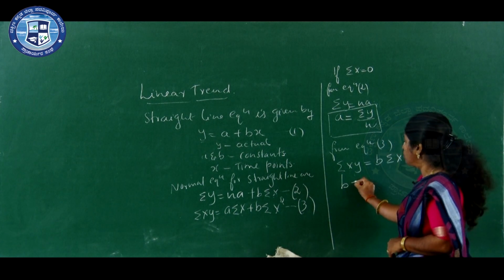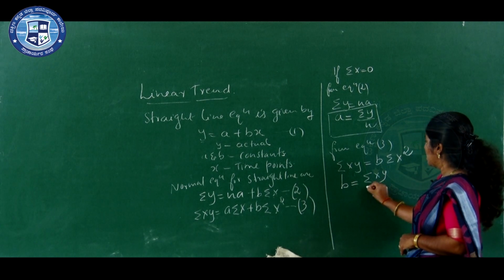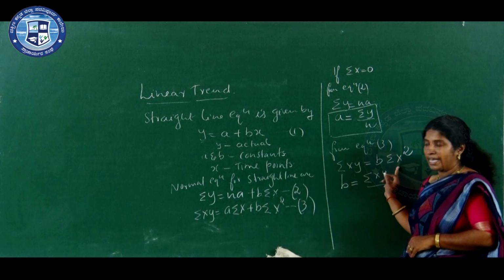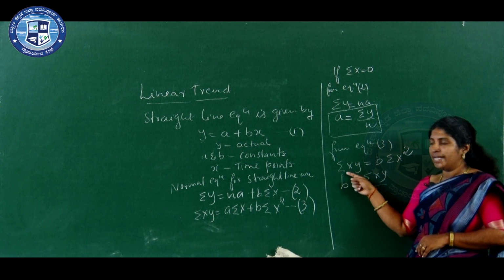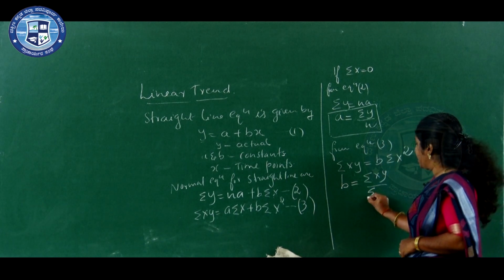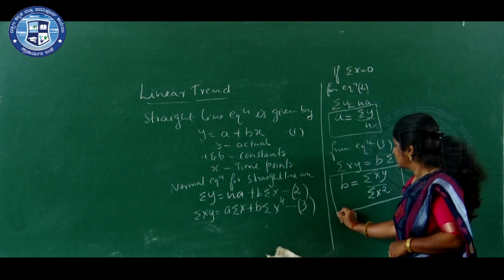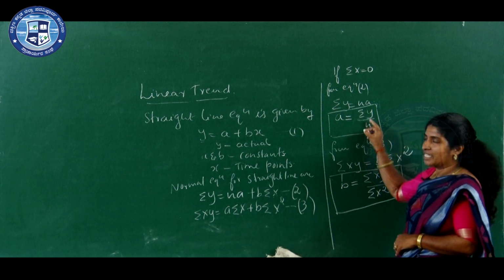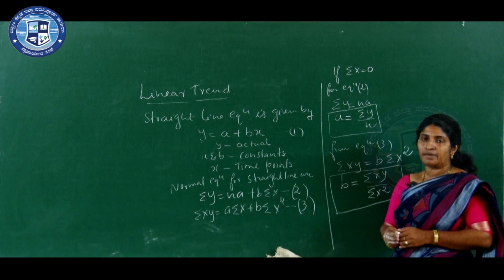Now what is b? B is equal to summation xy divided by summation x square. So, a is equal to summation y divided by n and b is equal to summation xy divided by summation x square.